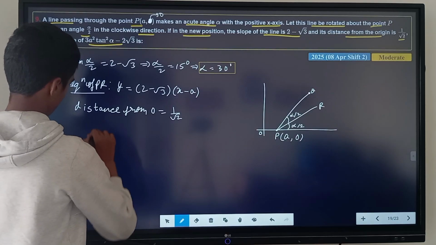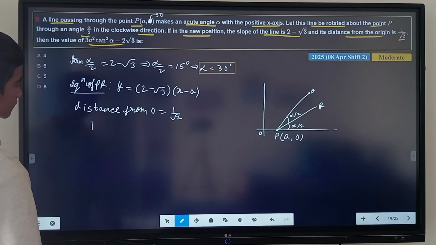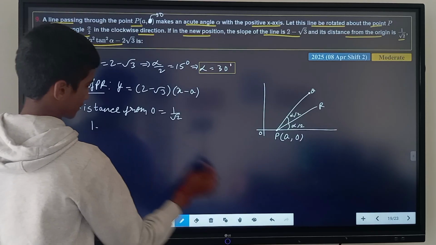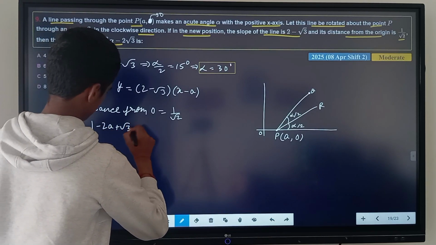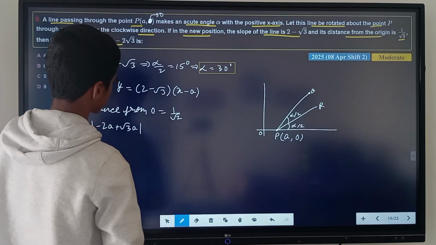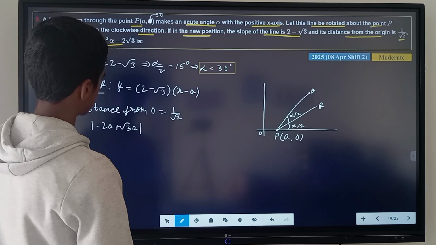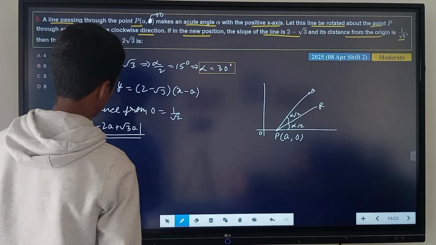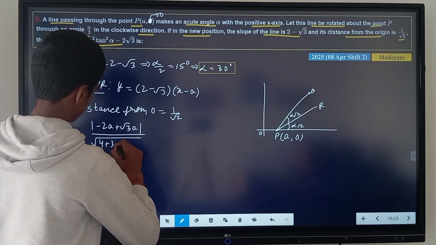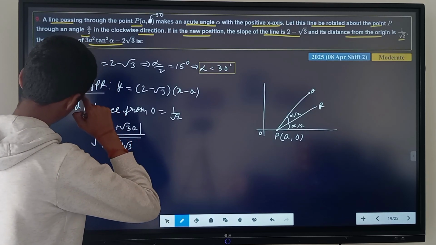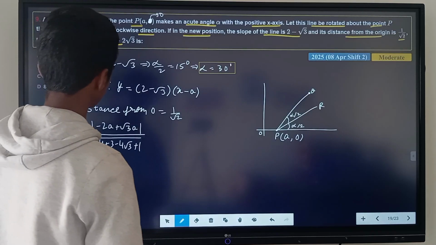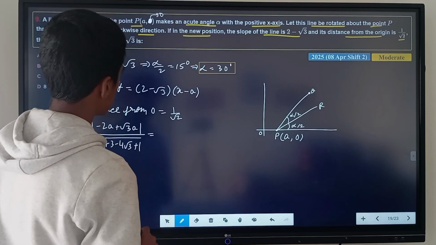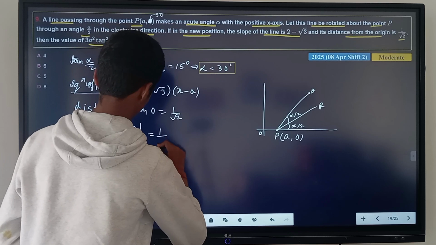This will be mod of minus 2a plus root 3a upon under root of 4 plus 3 minus 4 root 3 plus 1, is equal to 1 upon root 2 according to the question.